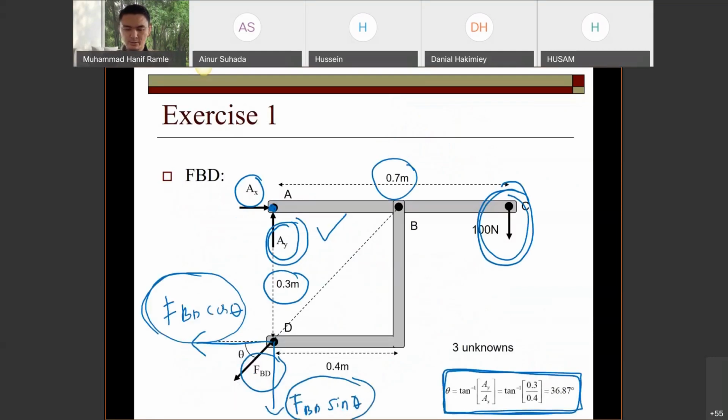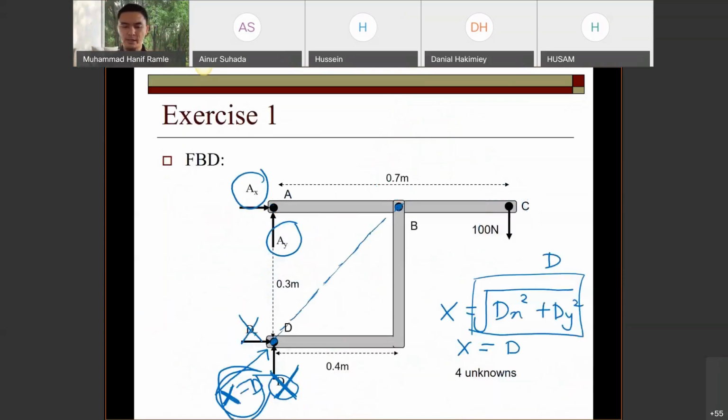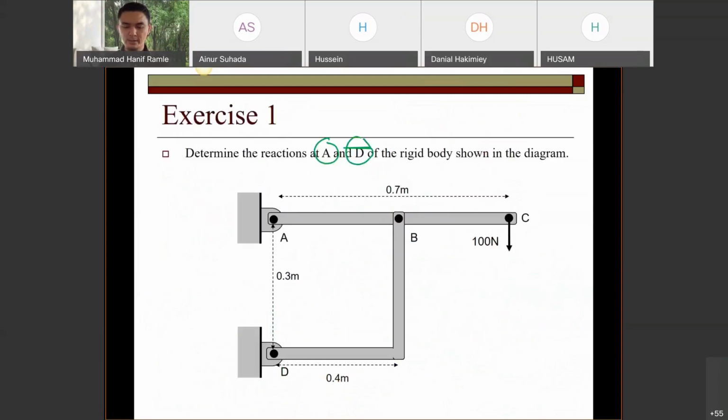If you want to check whether your answer is correct, where Ay is upward and Ax is to the left, you can check again from the beginning. You have this system with this force, and you can imagine that this system will go downward like this. I fix at point A with my right finger, so it will go downward.